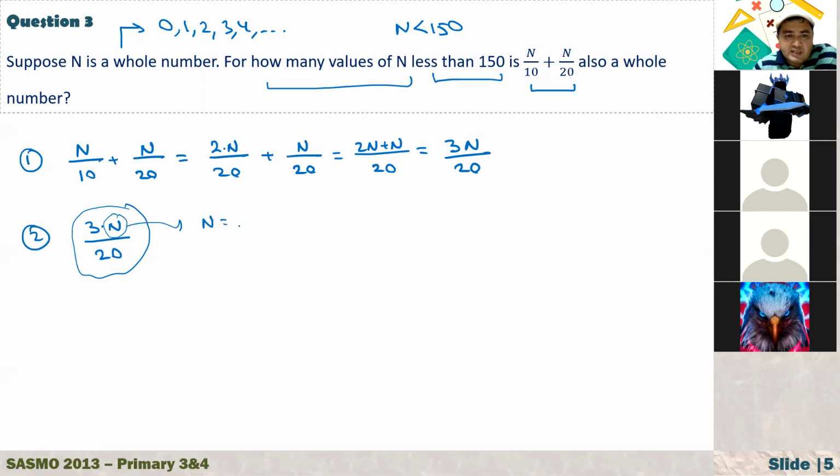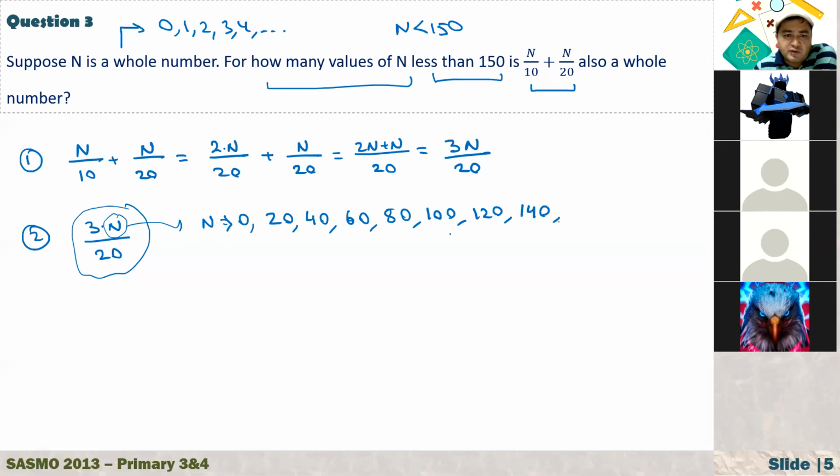It can be 0, because 0 is a whole number. And after that, what numbers are divisible by 20 which are less than 150? Those numbers are 20, 40, 60, 80, 100, 120, and 140.